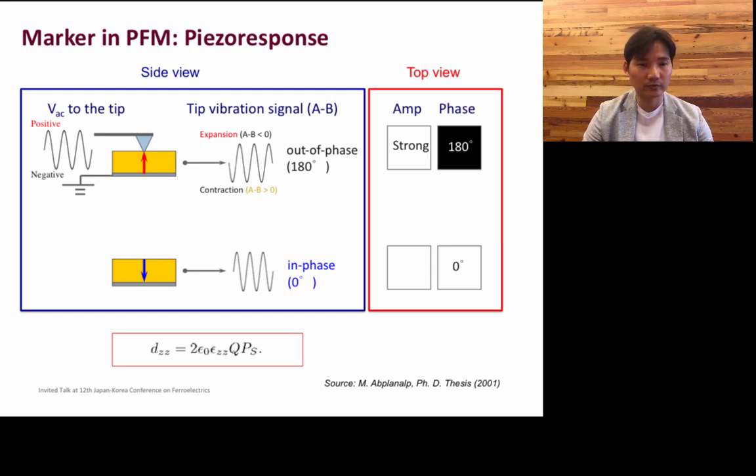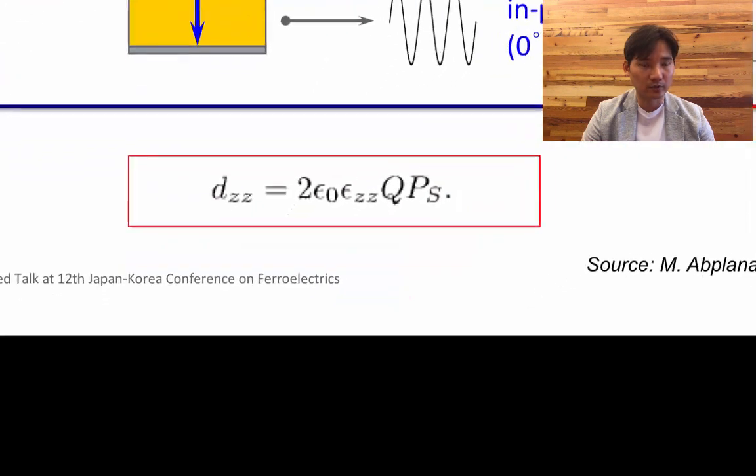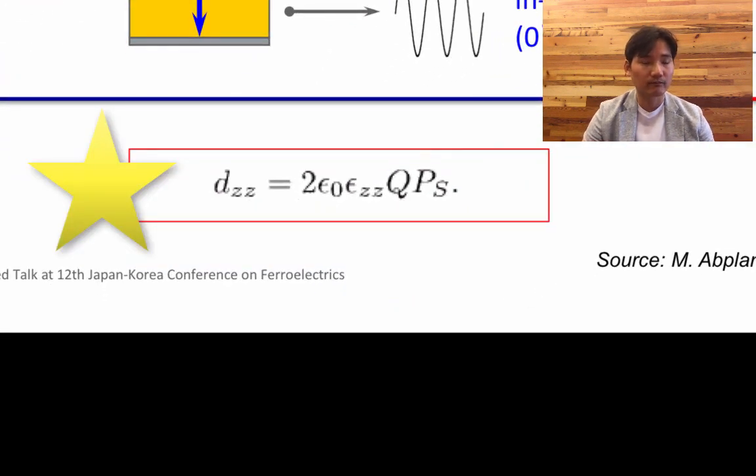The sequence of your vibration will be parametrized by phase. If it is 180 degrees phase shift, then it's up polarization. If it is 0 degrees phase shift, it is down polarization. And the amplitude of the vibration will represent the strength of your polarization, according to the equation that relates the D coefficient, which is the piezoelectric coefficient, with your polarization.